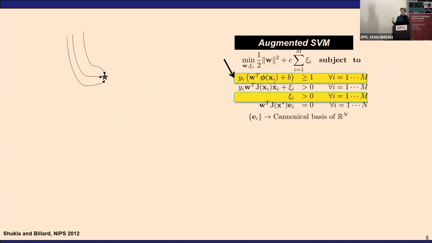The first one simply requires that all the data points live on both sides of the hyperplane, with potentially some slack, and the slack variable needs to be strictly positive. But if you want to have both worlds, that means you want to classify correctly the two dynamics, and you also want all the data points to follow the dynamics and have a single attractor point and vanish, we augmented that by adding more constraints.